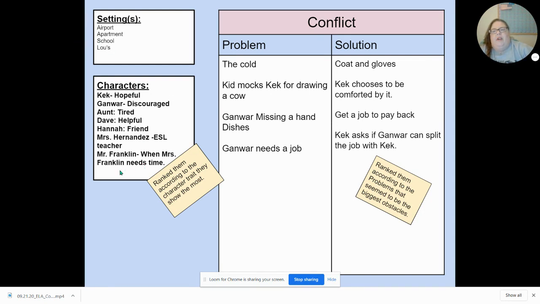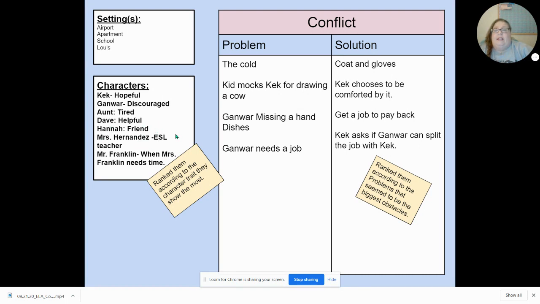Then here are the different characters, and I rate them according to the character trait that they showed the most. So for example, Keck is mostly hopeful. Ganwar is mostly discouraged. The aunt is mostly tired. Dave is mostly helpful. Hannah is mostly his friend.